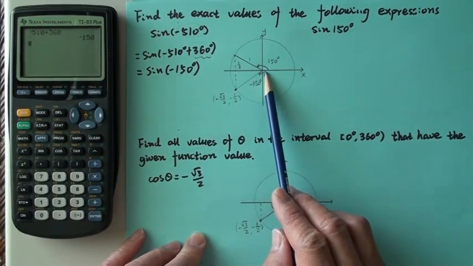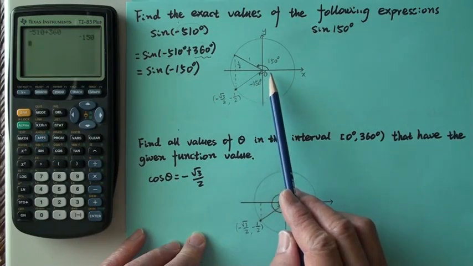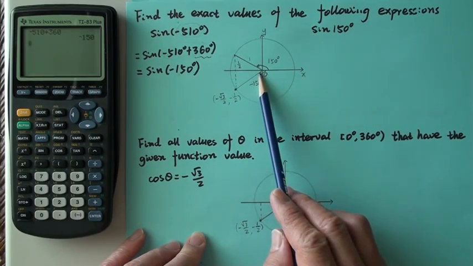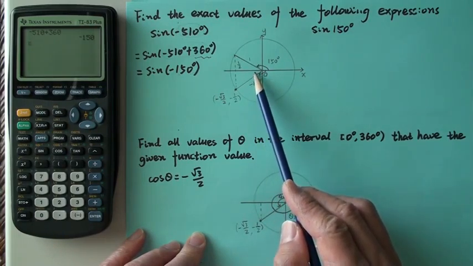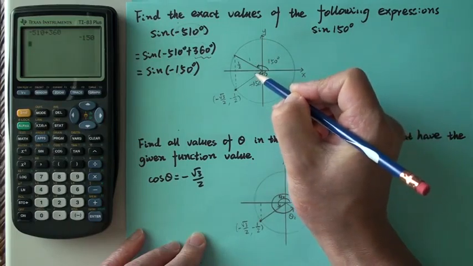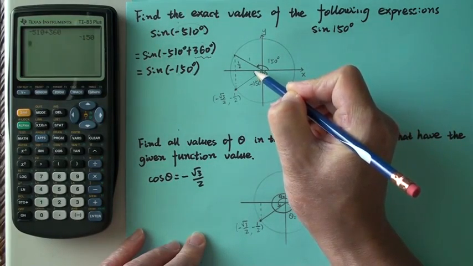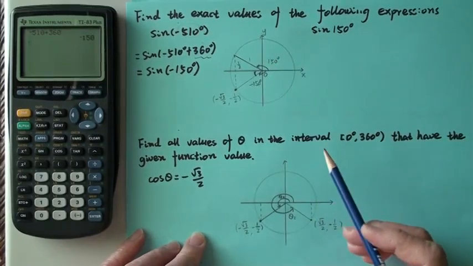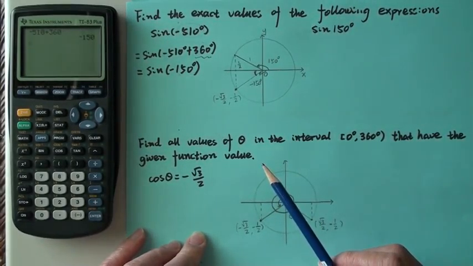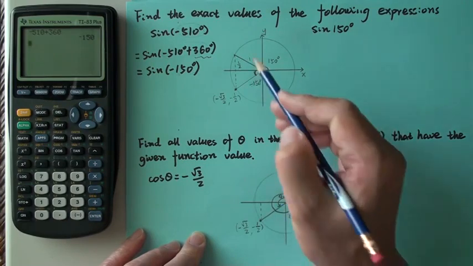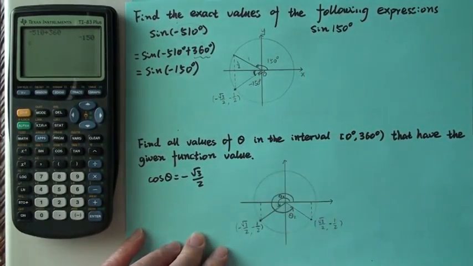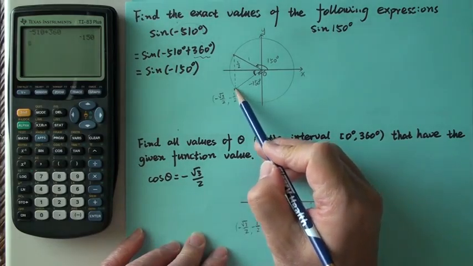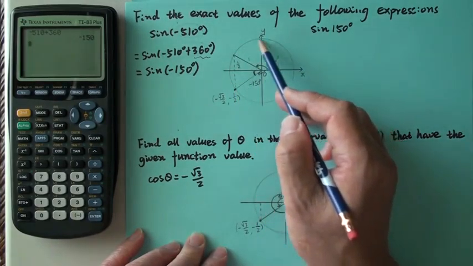Negative 150 degrees goes clockwise, because if you add 30 degrees, you will have negative 180 degrees. So we know where this angle is, and this is the point on the unit circle.